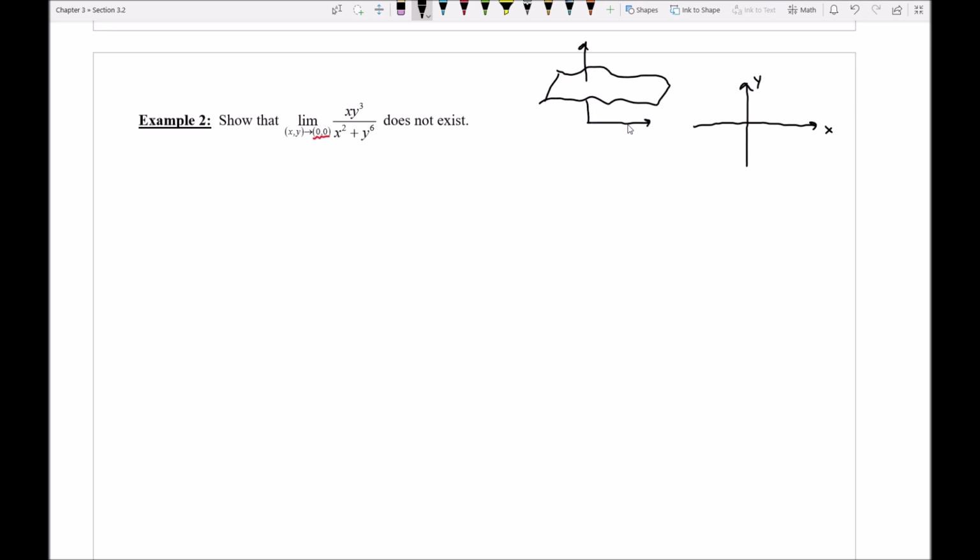Remember that in 3 space, we have some sort of a surface that's floating up above the xy plane, at least in this picture. And we're going to be interested in figuring out what z coordinate this function is headed towards as we move towards the point down in the xy plane that may or may not correspond to a point up on that actual surface.